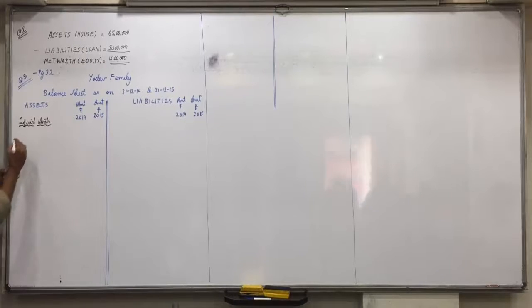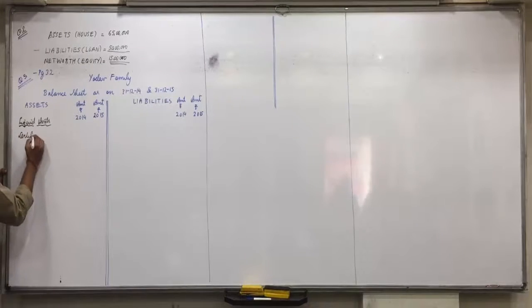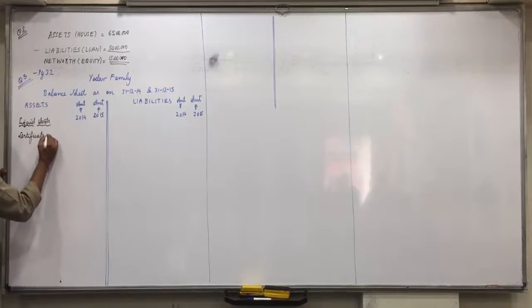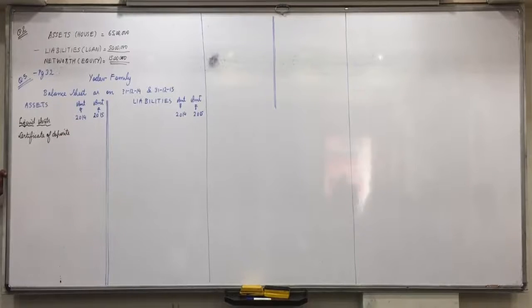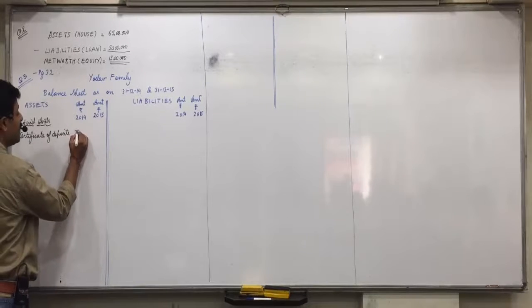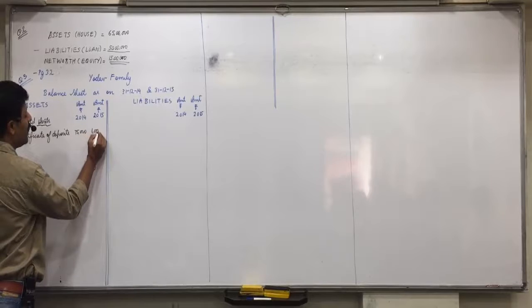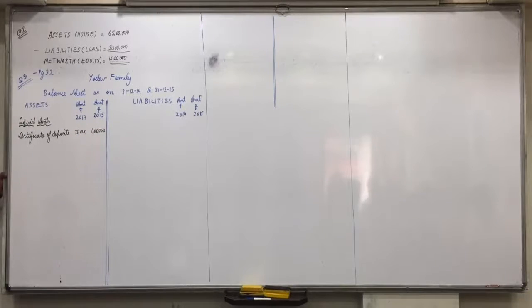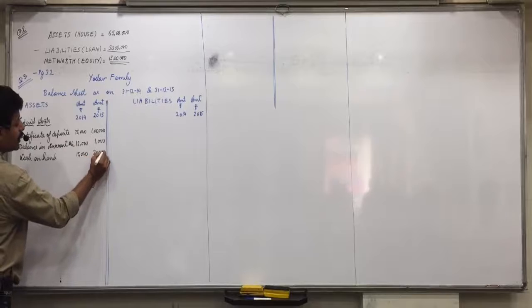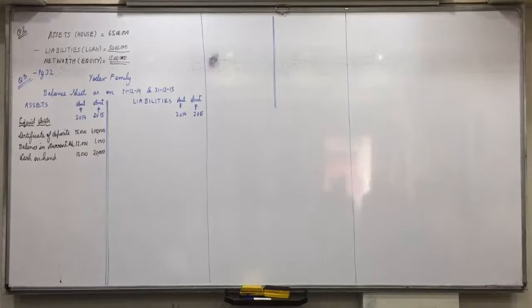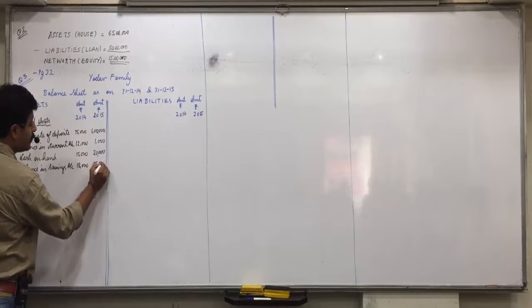Very first is certificate of deposits. Now we are not having any sub column or inner column, so everything will come directly in the main column only. 75,000 and 1 lakh. Balance in current account 12,000 and 15,000, then 20,000. In between, balance in savings account 18,000 and 25,000.